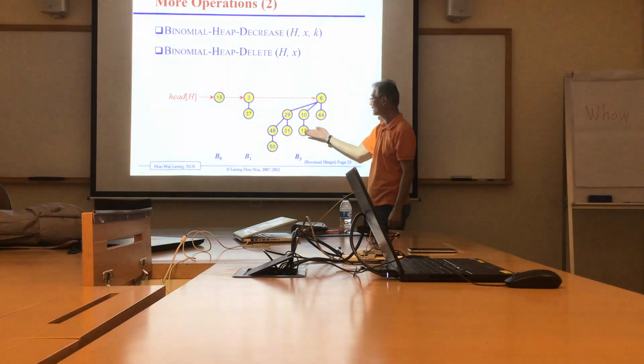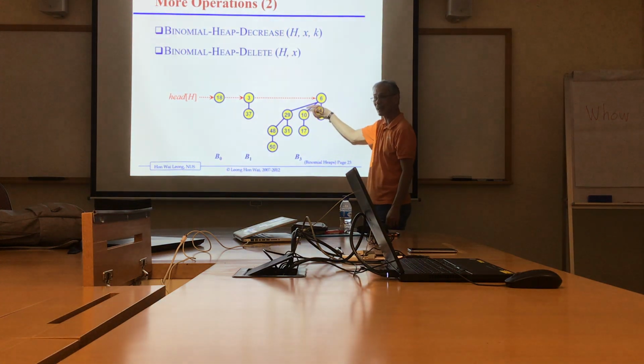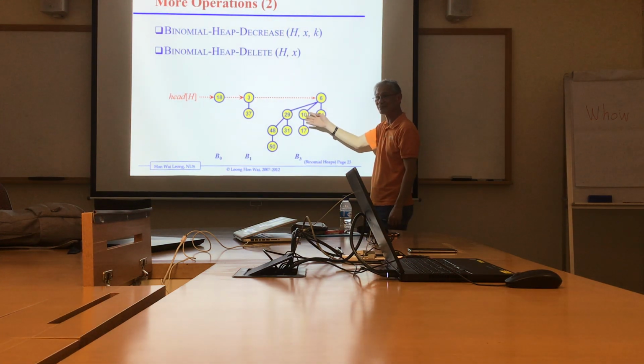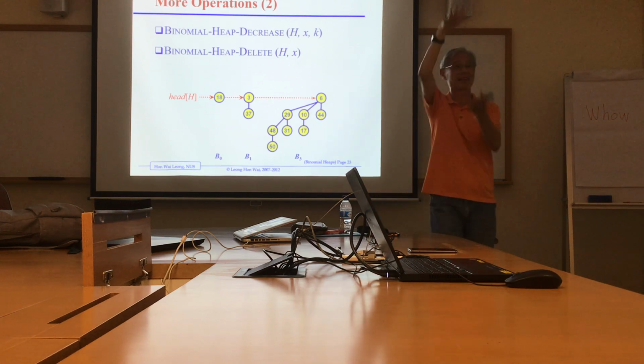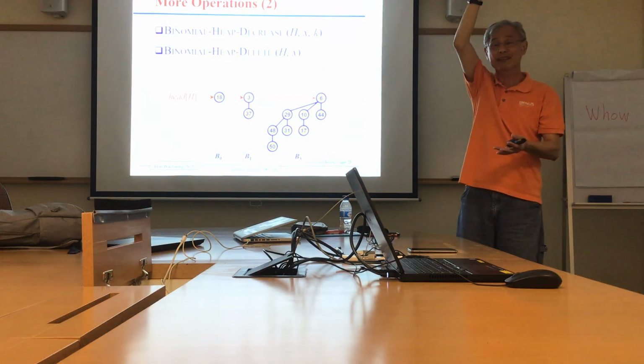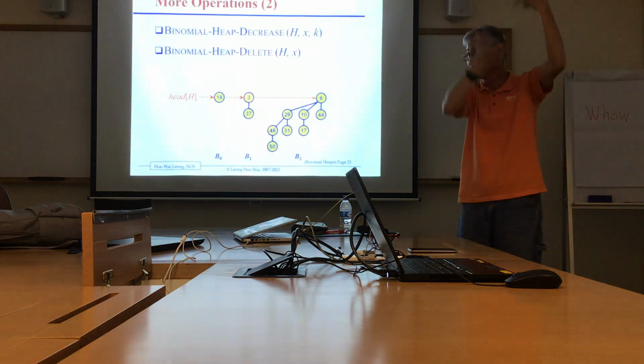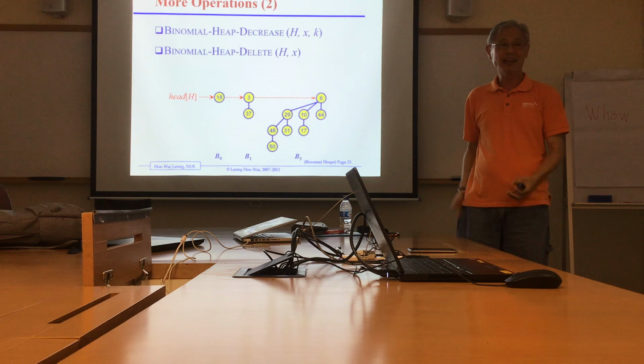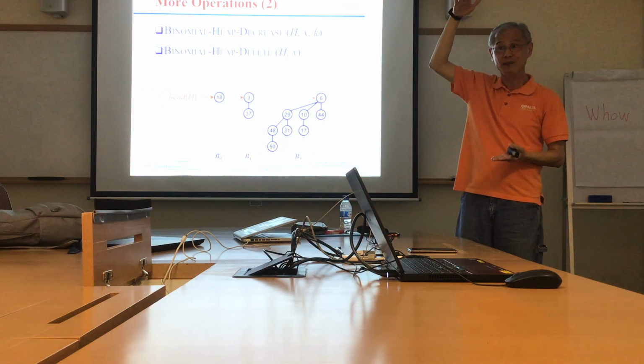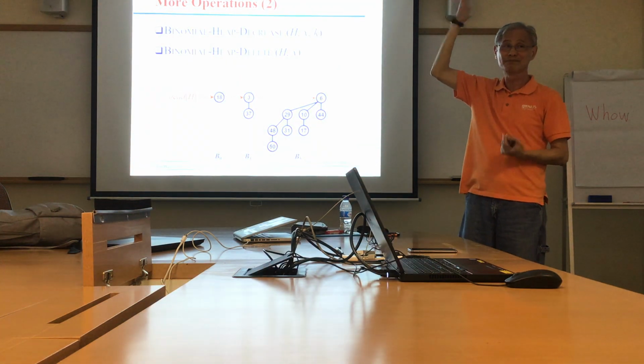I just need to make sure this one is smaller than this. I swap them around. This is like shifting up in the binary heap, isn't it? It will keep going up. The structure doesn't change, only the elements get moved around. Does that make sense? And the height of the tree we proved to be log n already. So there we have it.